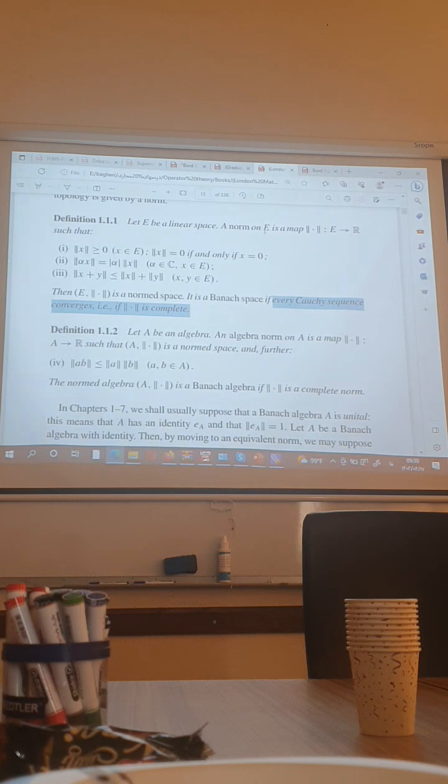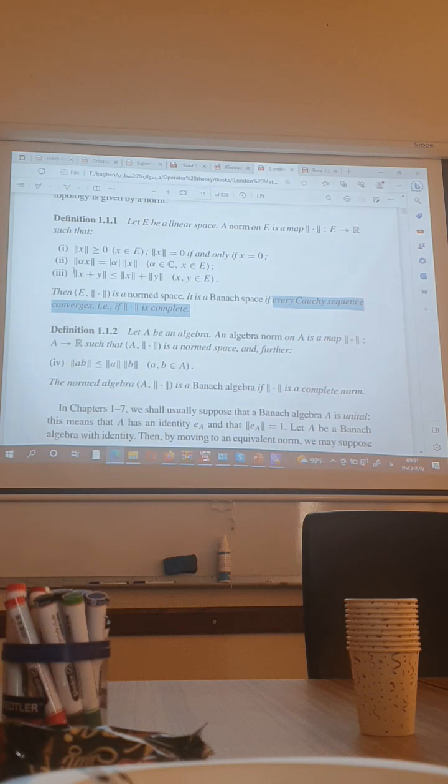A norm on E is a map such as this. This is the function from E to R, such that we have these three properties. The norm of x must be greater or equal 0 for any x in E. And also the norm of x equal to 0 if and only if x equal to 0.